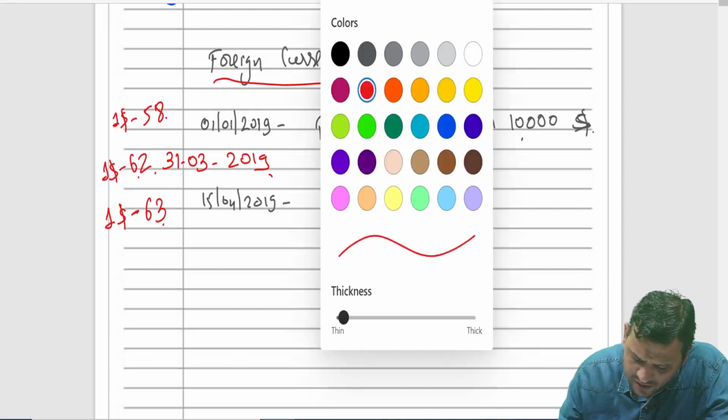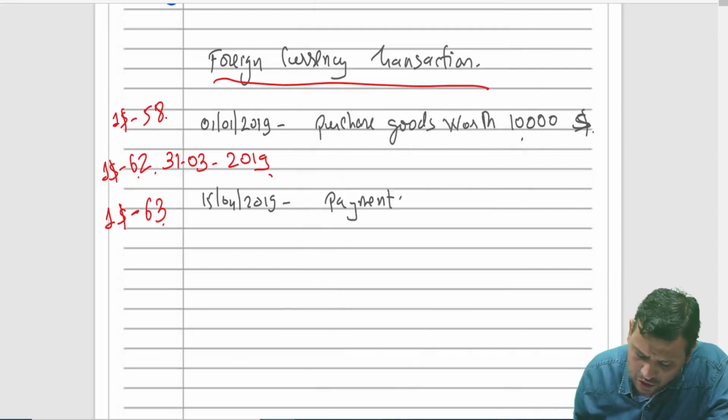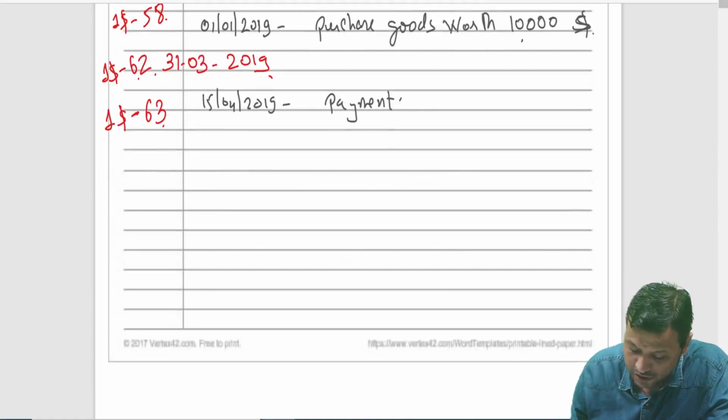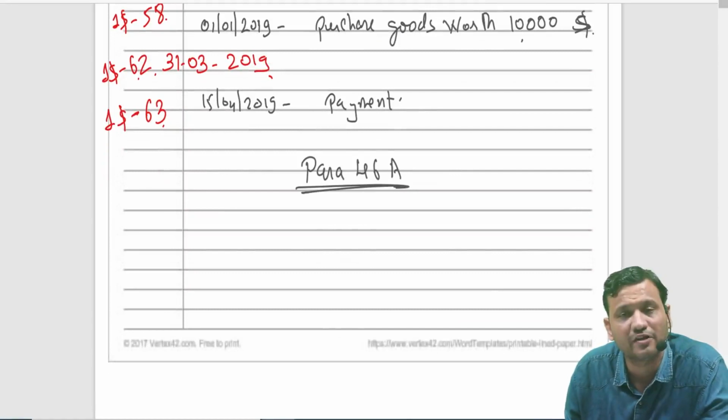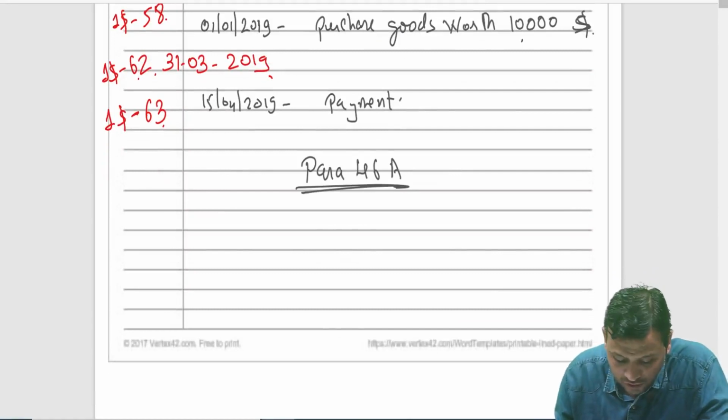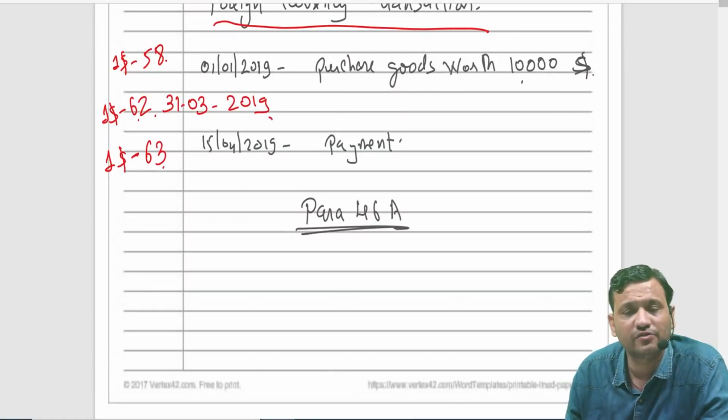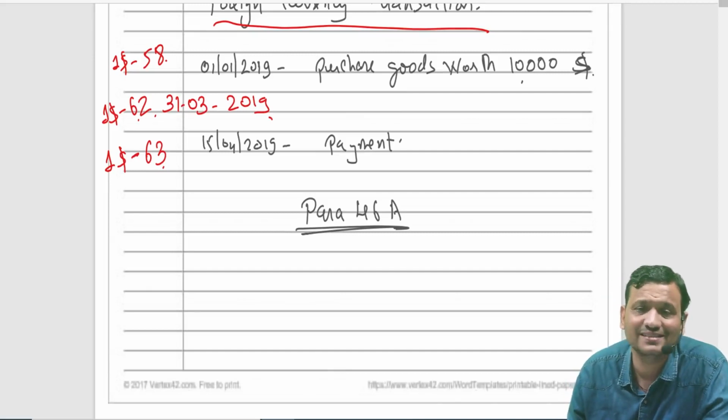Now this is very simple, which you did in the class work also, that you have to pass entries and all those things. Let me talk with respect to something very, very important from the examination point of view also, that is para 46A. Now you learned that all currency fluctuations will go to profit or loss. That is true, but there is an exception, and that is para 46A.